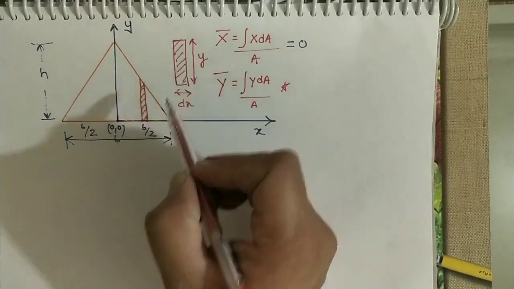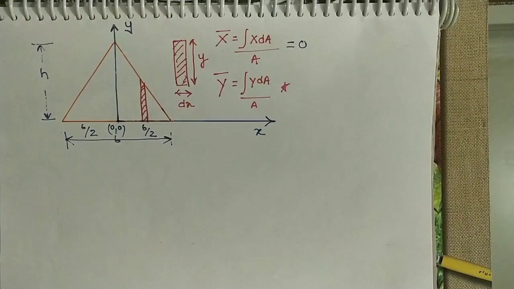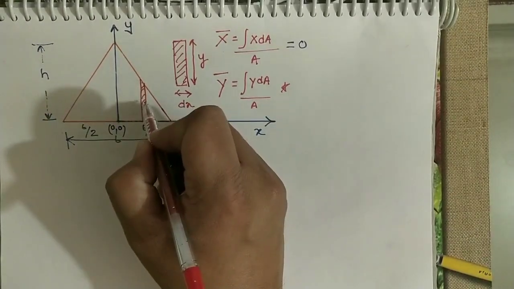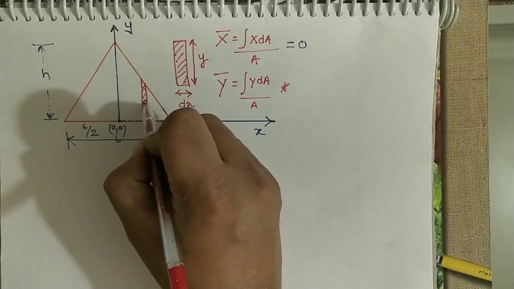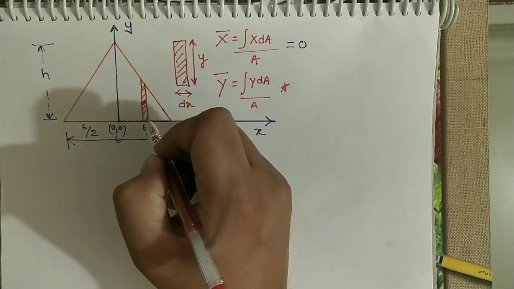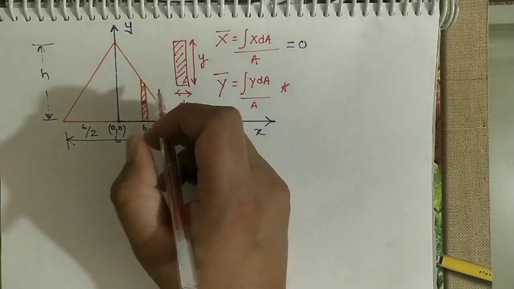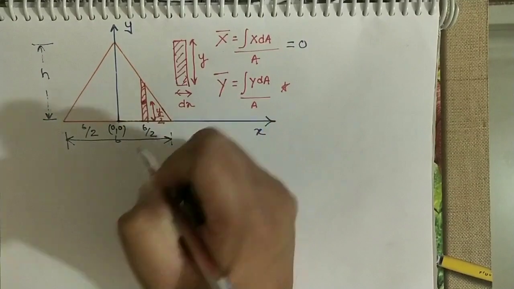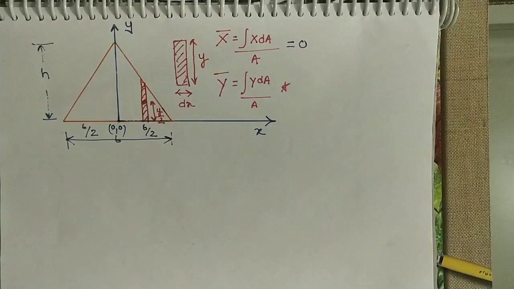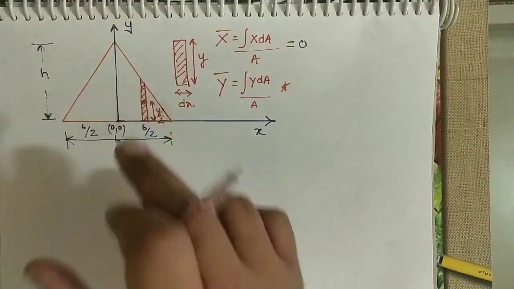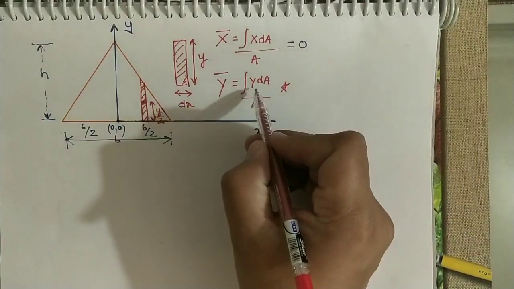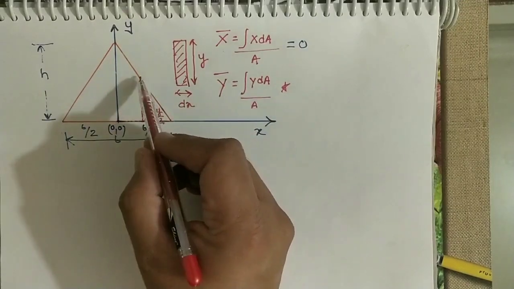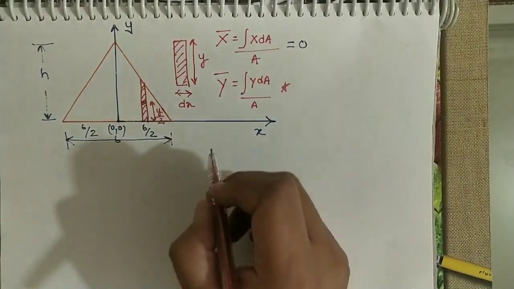I have drawn it here for the simplicity of analysis. So the centroid or the center of line of this element lies here, and obviously it will be at a distance of y by 2. As this distance is y, the value of this y by 2 is nothing but the centroid of the element which we have considered.